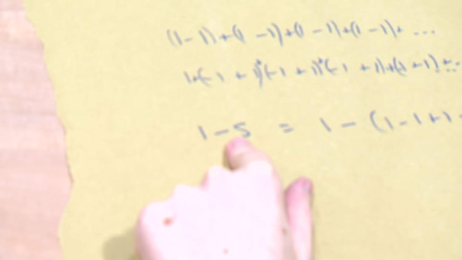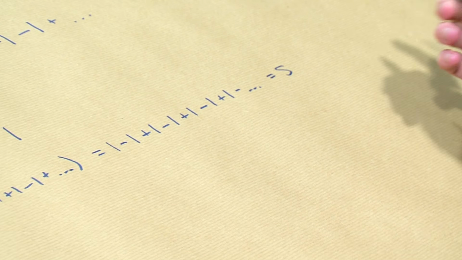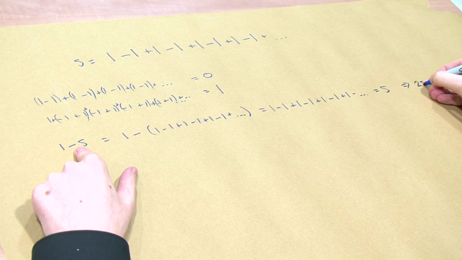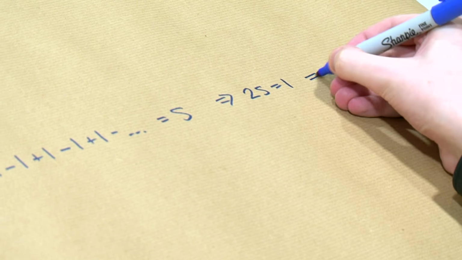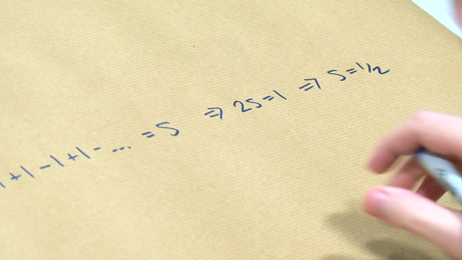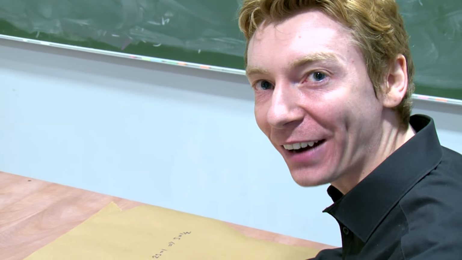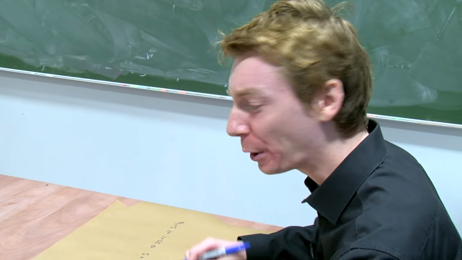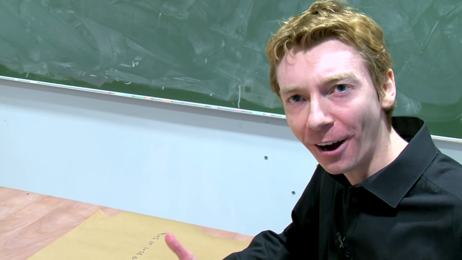So I've got 1 minus s is equal to s. That's okay, you can solve that. If I take the s to the other side, I've got 2s equals 1, which then you can see that s is equal to a half. That's a weird answer. The sum of adding plus and minus 1 forever gives you a half. Or it might be 1, it might be 0, but it might be a half.